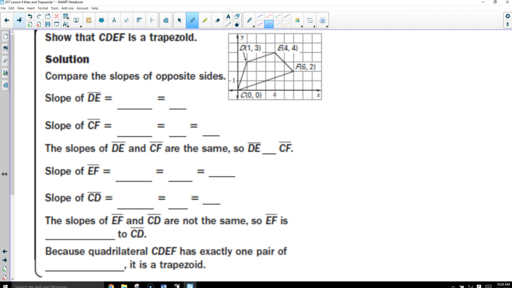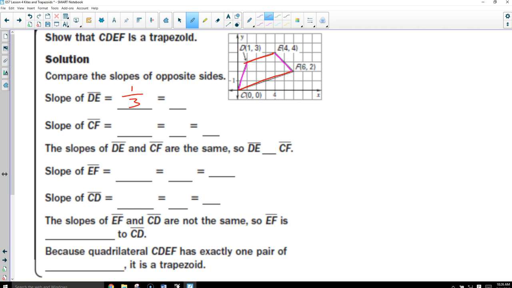So they want us to show here that that is a trapezoid. I can visually see that CD and EF are not parallel. So I'm going to be looking to prove that side DE and side CF are parallel. So DE, I can see I'm going up 1 over 3.